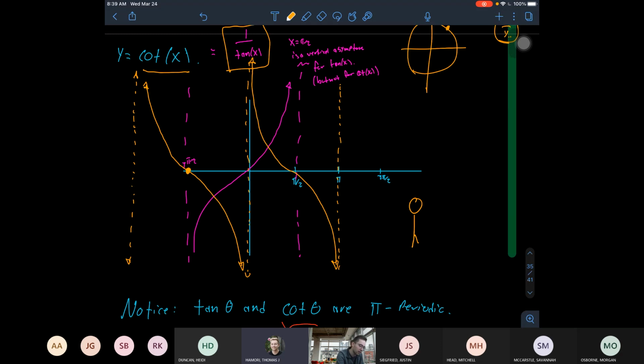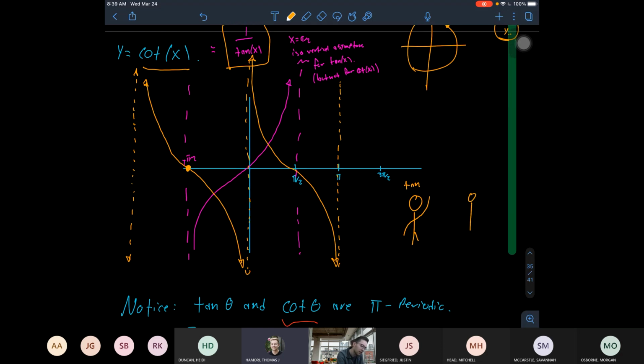Imagine someone else dancing. This one's tangent. And this one is cotangent. Okay, so that's another way you can remember these graphs. It's tangent and cotangent that look like people dancing.